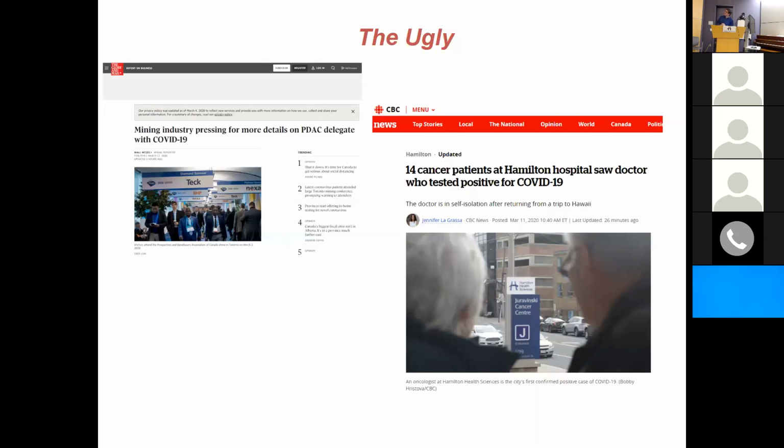Now, on the left part, you have this PDAC conference. I believe they had 25,000 participants there in Toronto. And the first case related to this was identified in Sudbury a couple of days ago with no other contacts whatsoever. So it seems very convincing that probably the patient has it from that conference.